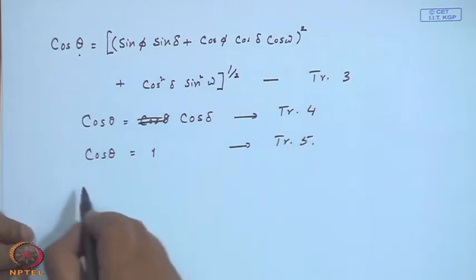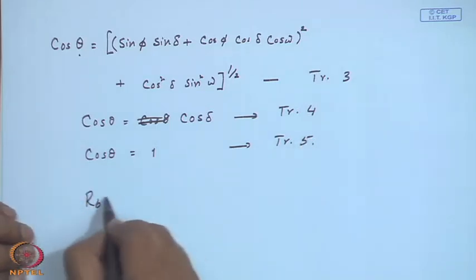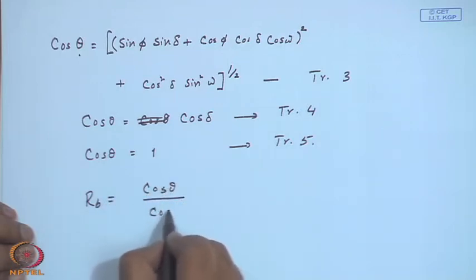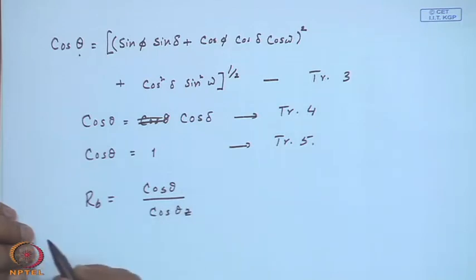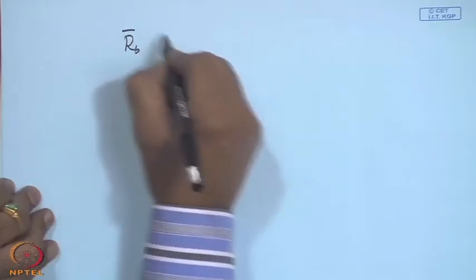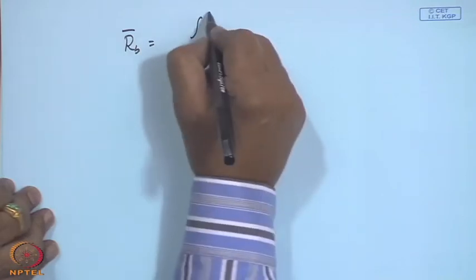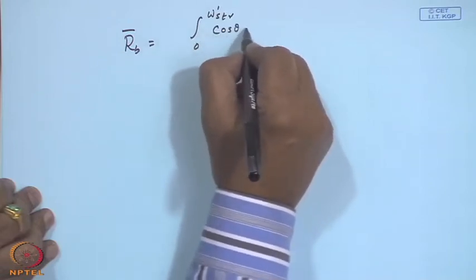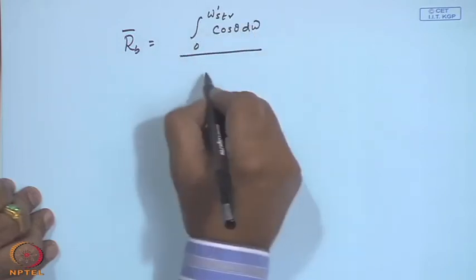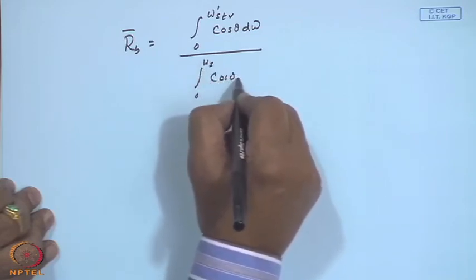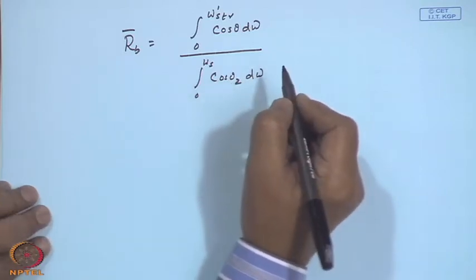So, I can now evaluate RB as in general cos theta by cos theta z depending upon the tracking mode, and RB bar as integral 0 to omega s t r dashed cosine theta d omega upon 0 to omega s cos theta z d omega.